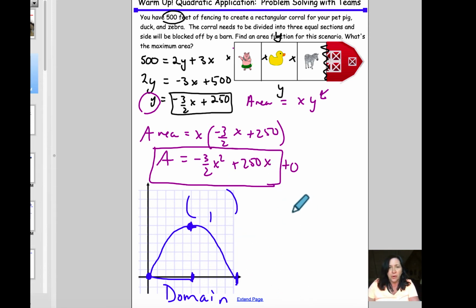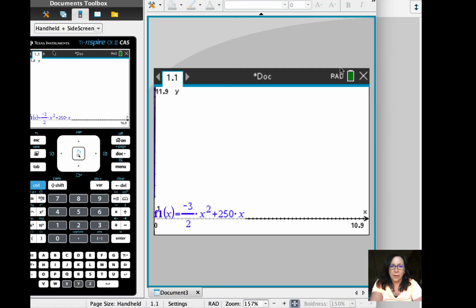You can use your Desmos, and you also can use your graphing calculator. I'd like you to try that, so pause for a moment to try to plug that in. One thing you probably figured out is that when you typed in your equation, negative 3 halves x squared plus 250x, you probably realized the graph wasn't in the window.